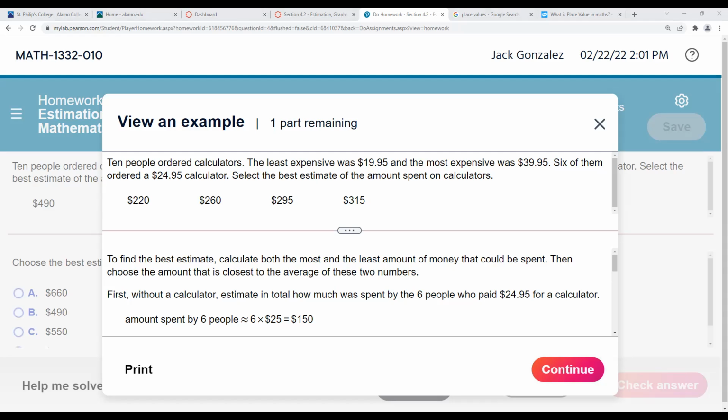So the best estimate is to assume it was even. So assume 2 bought the cheap one, $20, and 2 bought the expensive one. That would be 40 plus 80, 120.